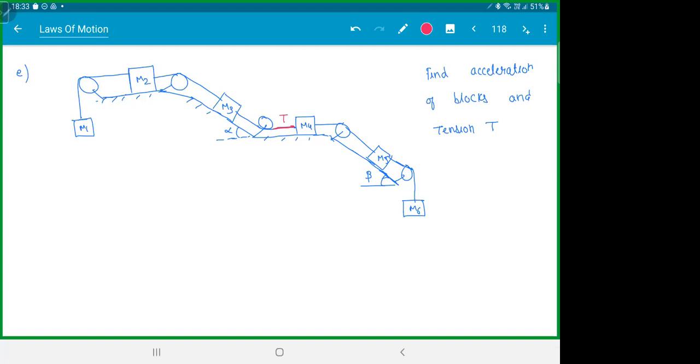Find the acceleration of the system. I think that is still fine. And find that tension T in that string, the red one. I hope the question was clear.